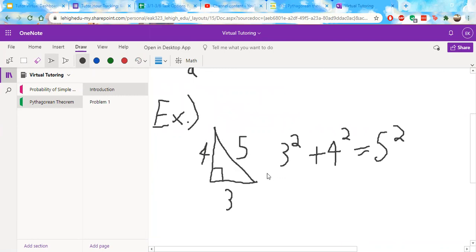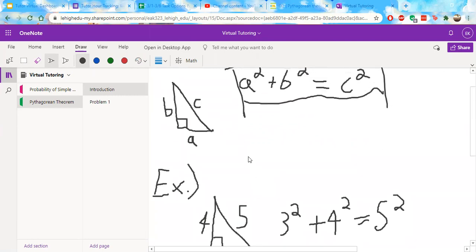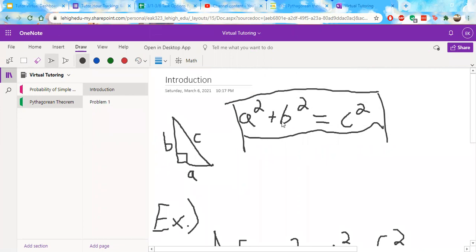That does not work. And that's because the whole point of the Pythagorean theorem is that the two shorter side lengths, the a and the b in a right triangle, squared and added together must equal the square of the hypotenuse. This c value is always going to be the hypotenuse of the triangle.